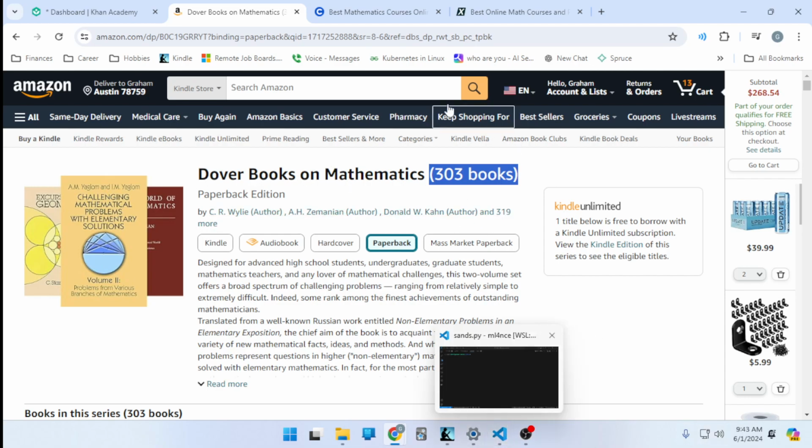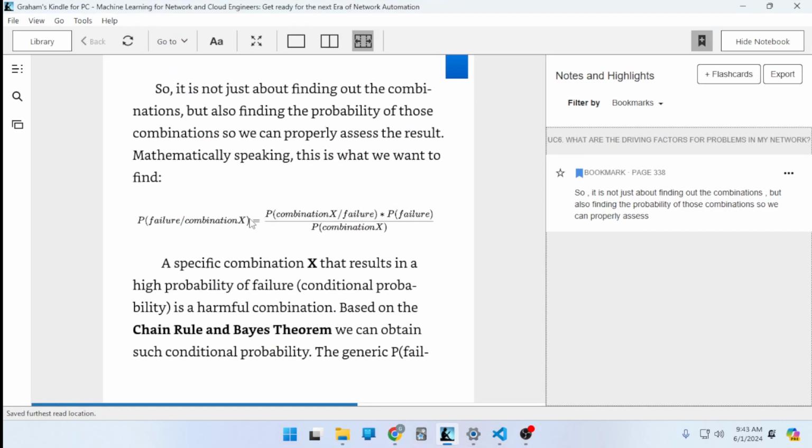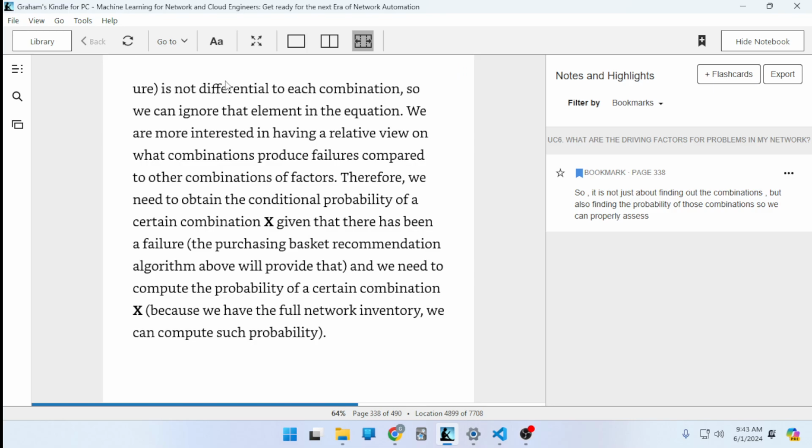All right, got sidetracked there. Based on the chain rule and Bayes' theorem, we can obtain such conditional probability. The generic probability of failure is not differential to each combination, so we can ignore that element in the equation.